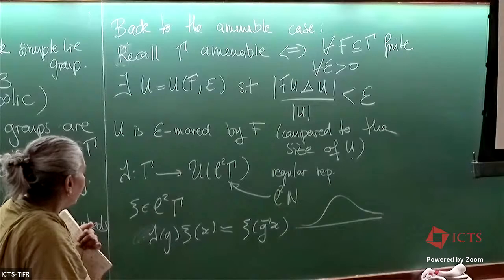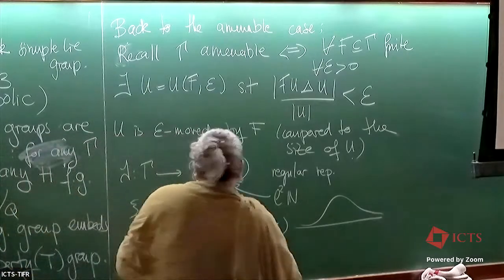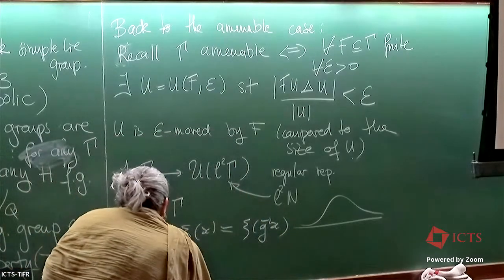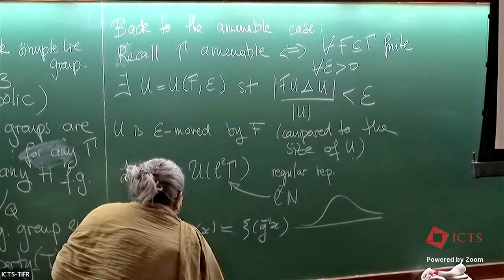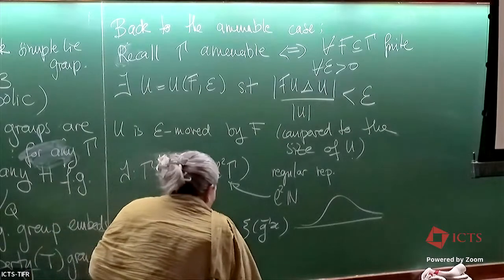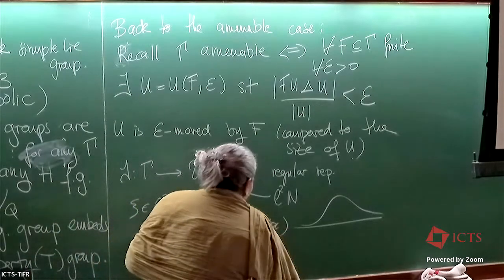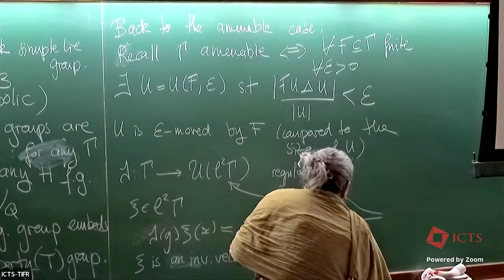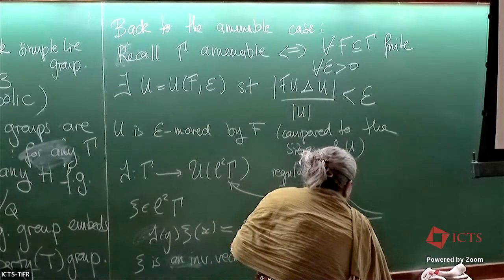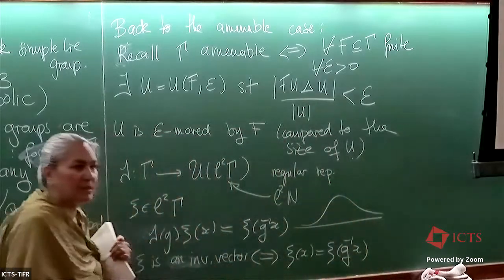And so an invariant vector c means that c of x is c of g inverse x for all g.